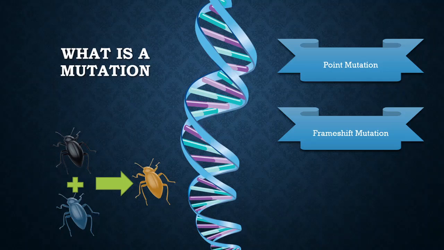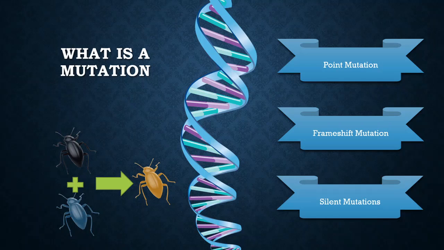And because of that, frameshift mutations, since they affect almost all of the amino acids, are super changing. These are usually negative mutations, but sometimes they can be positive and actually help an organism.